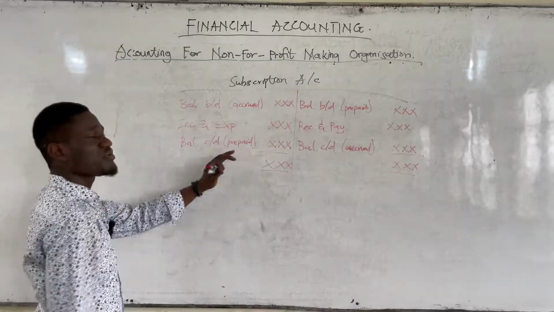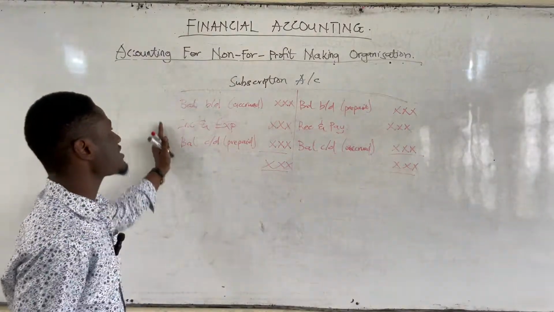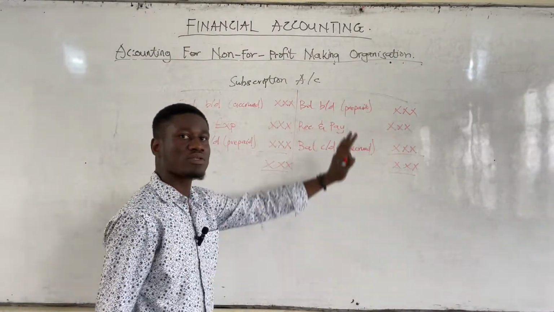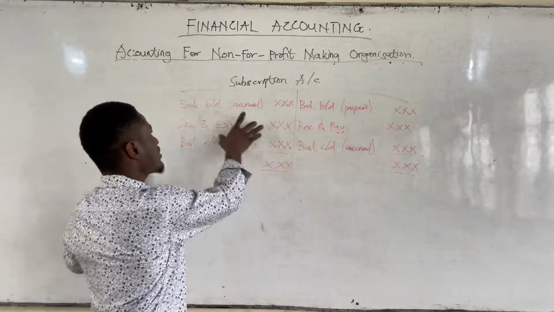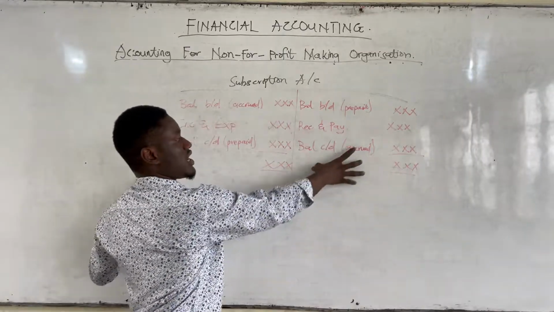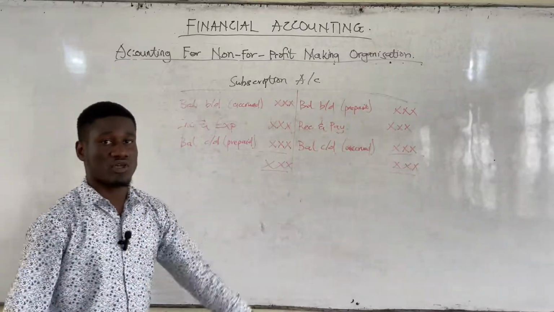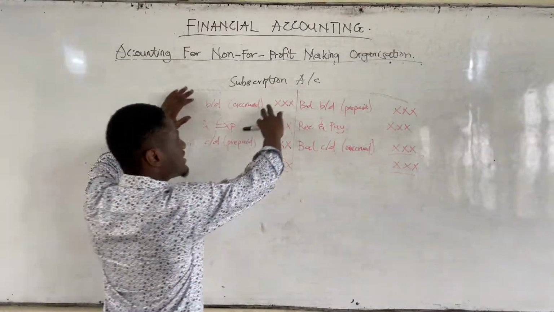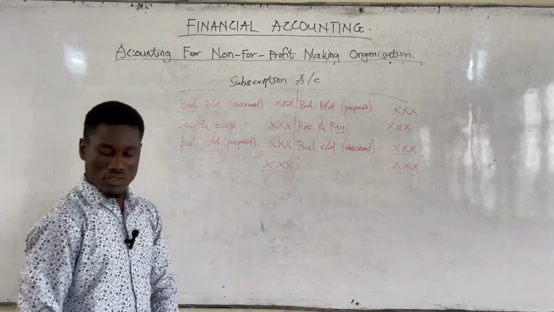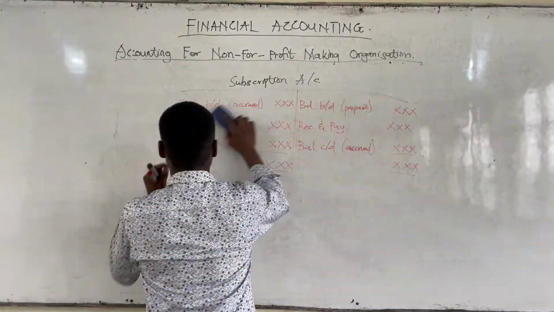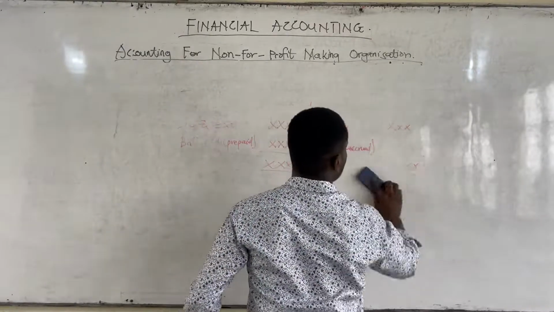Your balance CD for prepaid will be here. Note that not every question will provide you all these items. Sometimes you can only have your balance BD for accruals and CDs only. Sometimes it depends on the question. Okay, but this is what the subscription entails. Good. So we are moving on to our life membership account.